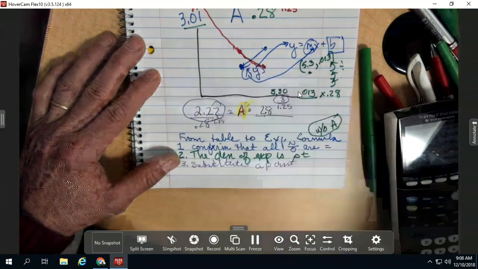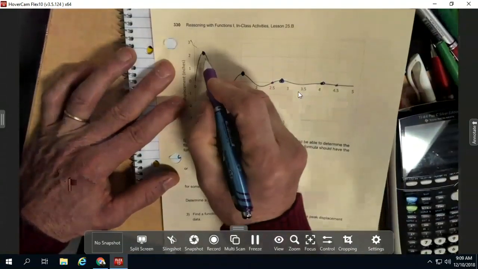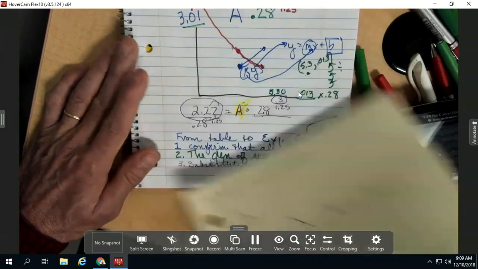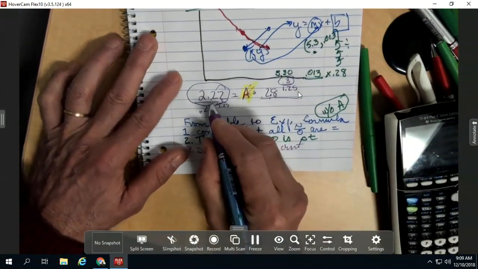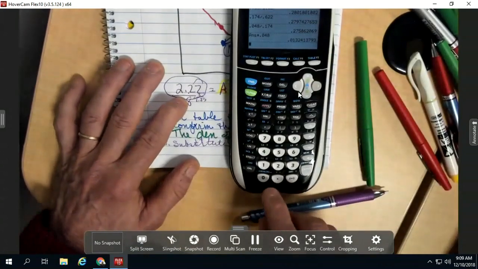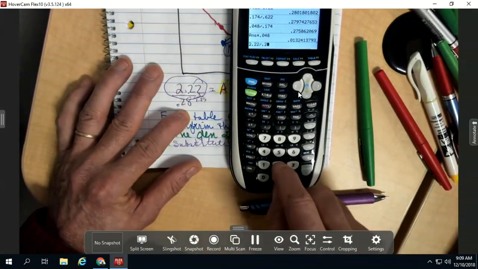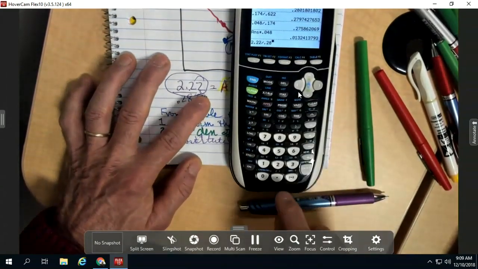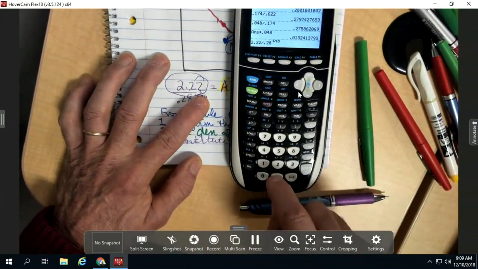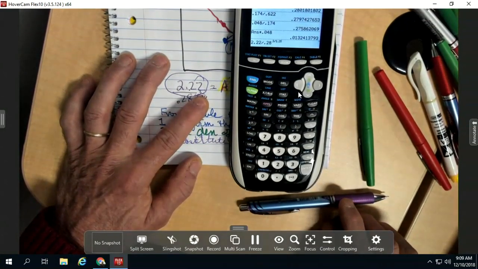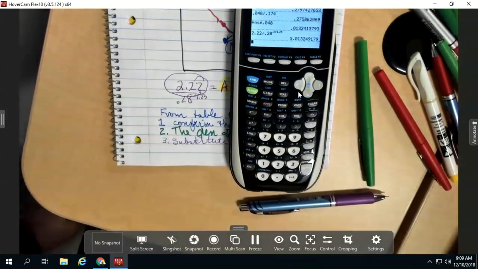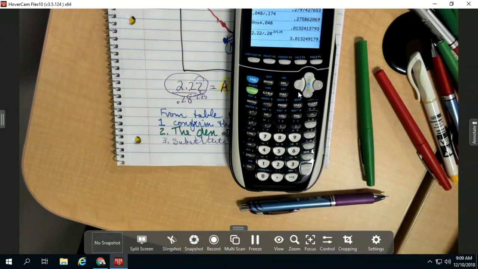This was the time that it was up to that peak. It's the coordinates of this point right here. So we just substituted that in, and we took on our calculator 2.22 divided by 0.28 to the 0.3 divided by 1.25, and we got 3.01. Page 331.